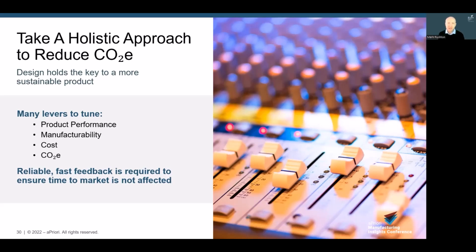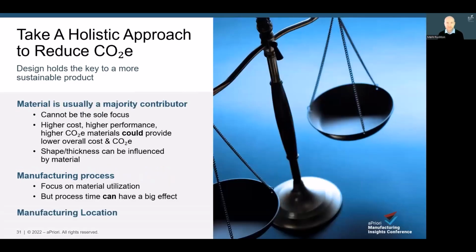So you can play around with these variables and get instant feedback as to what sounds the best. And that's very similar to design. We really need that instant feedback so that we can tune our design to get the best product performance, make sure it's manufacturable, and make sure we've got an appropriate cost and as low CO2 equivalent emissions as possible. And we need reliable and fast feedback to do that, to make sure that we're not affecting our time to market.